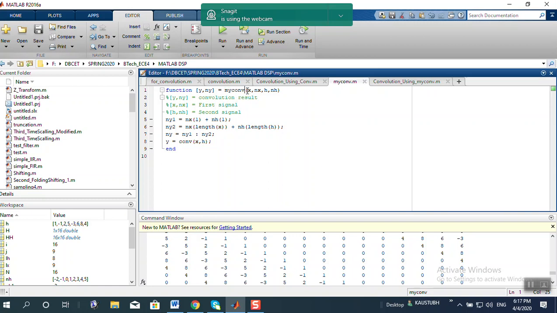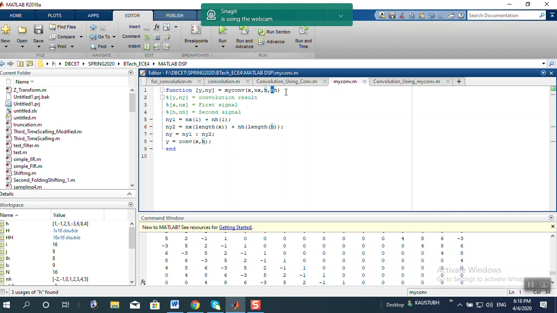Then within the round brackets you need to provide the input arguments. What are the input arguments? To do the convolution with proper timing, the input sequence along with its time, then the impulse response along with its time.